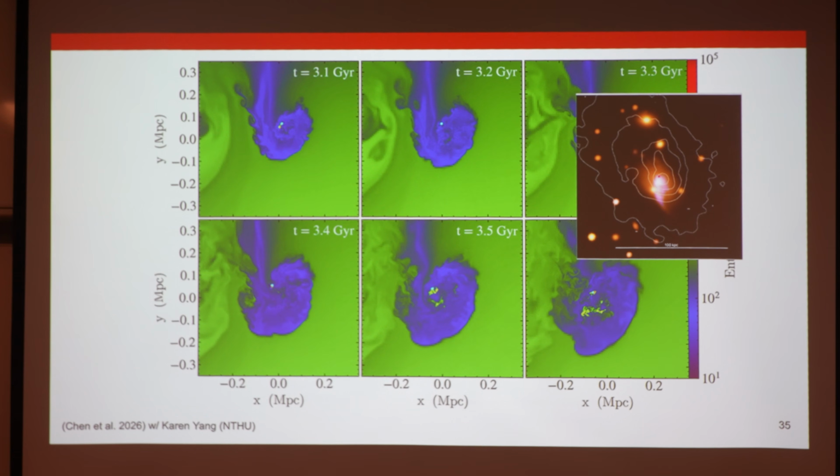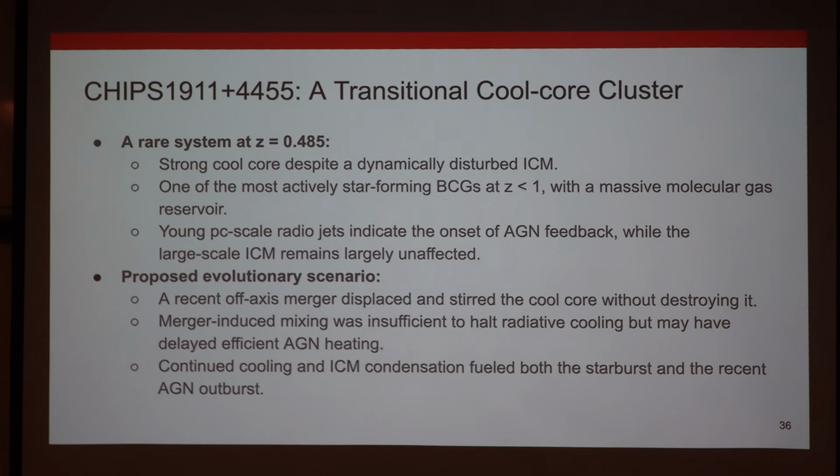So that's pretty much all the results. Let me give you 2 more slides for the conclusion, because everyone has been very patient. The first slide for the conclusion, I'm just gonna summarize the properties of what we have detected in the observation. We detected a very strong cool core cluster despite this dynamically disturbed ICM. The large scale morphology is disturbed, but the center is very compact and dense.